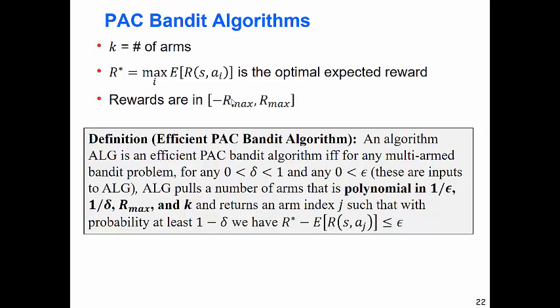Okay, so first of all, let's make sure we understand what a bandit algorithm is. I've said this before, but we'll say it now again. We're going to call it ALG, this is our bandit algorithm. And the bandit algorithm is nothing other than something that will pull a sequence of arms. It gets to see the result of each arm.